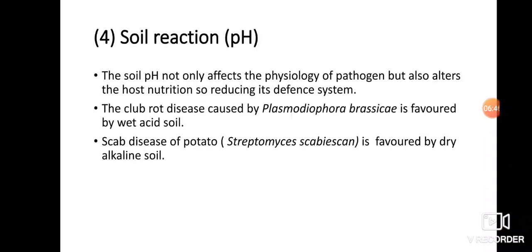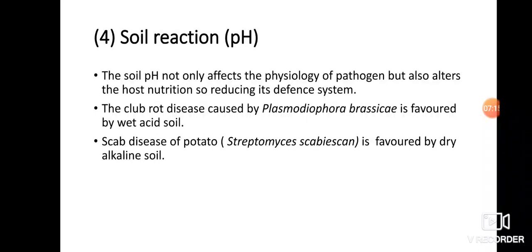Fourth environmental factor is soil reaction, that is pH of soil. The pH of soil affects significantly the growth of certain soil-borne diseases. The soil pH not only affects the physiology of the pathogen but also alters the host nutrition, so reducing its defense system.